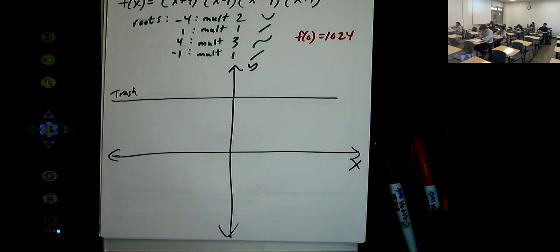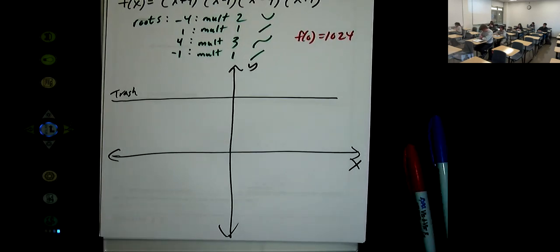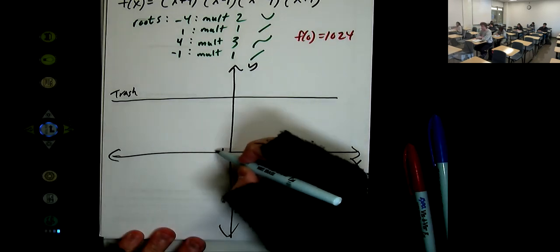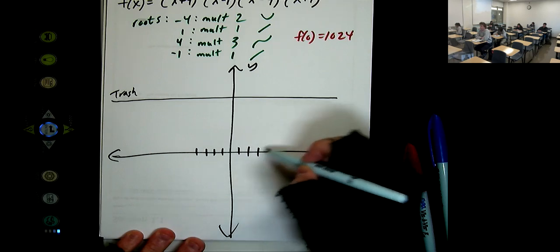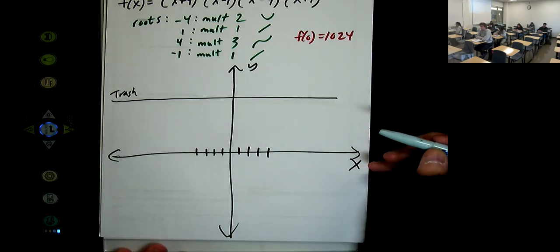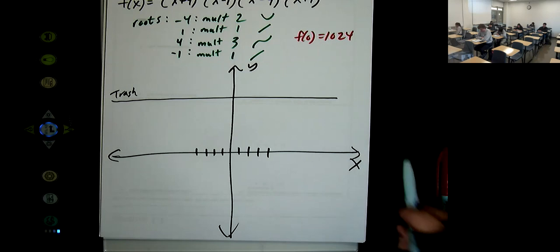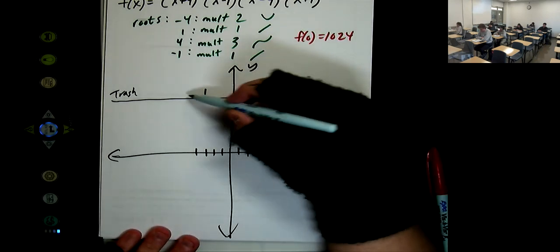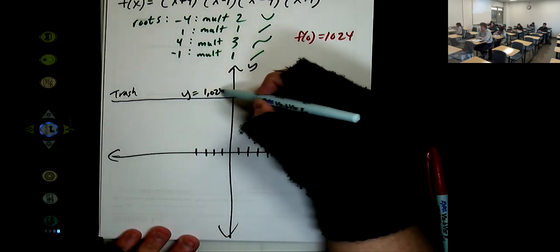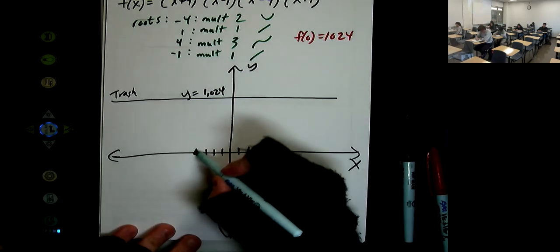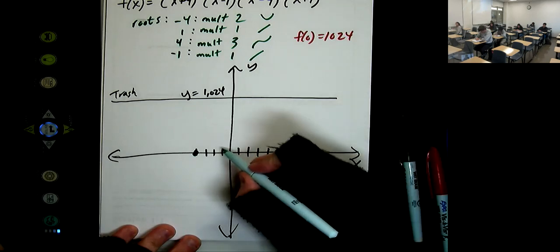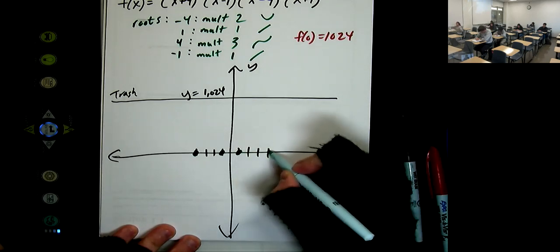Let's put some roots on there. I guess I do need to label. That's my y equals 1024 line. There we go. So I got a root there, I got a root there, I got a root there, and I got a root there.